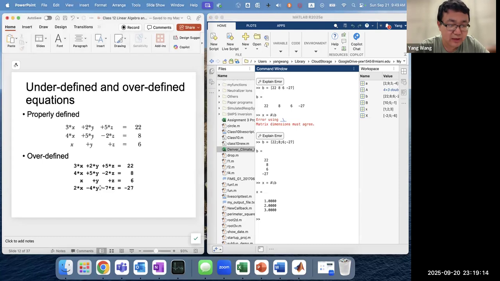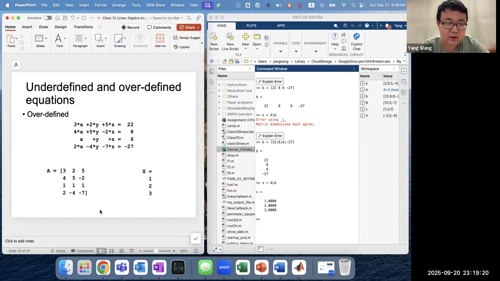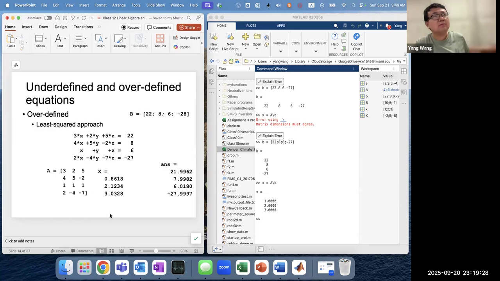So this additional equation doesn't affect what we are going to get. Then what if we make this fourth equation not agree with the original condition? What if we change this value to minus 28? You may ask why this could be the case, but in engineering there can be many scenarios like this. For example, say we're trying to observe the dimension of a certain object, let's say the distance between two mountains where we're trying to build a bridge.